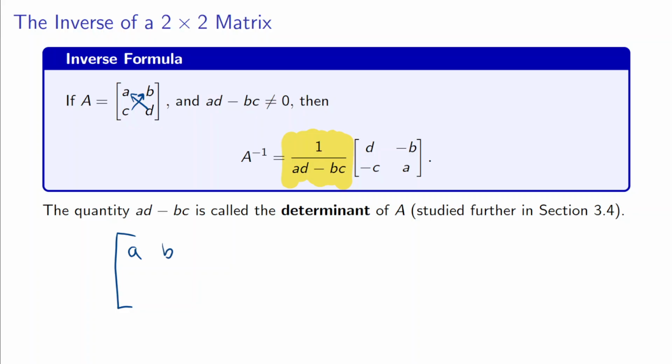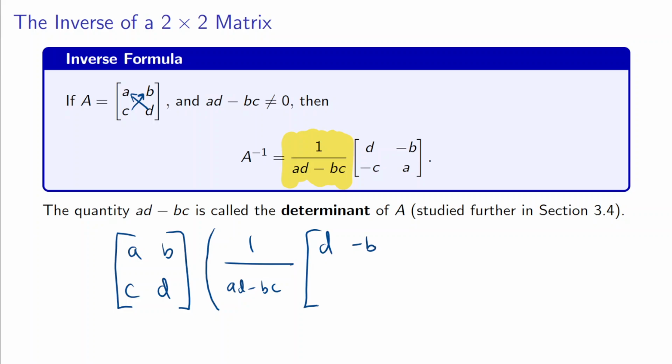So [a, b; c, d] times 1 over ad minus bc times the matrix [d, negative b; negative c, a]. And this 1 over ad minus bc is a scalar multiple, so we can move that out front of this whole matrix multiplication.